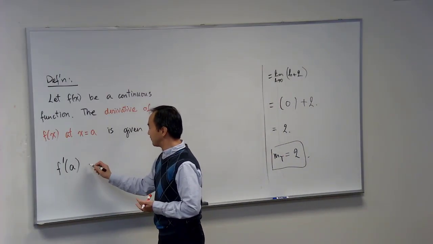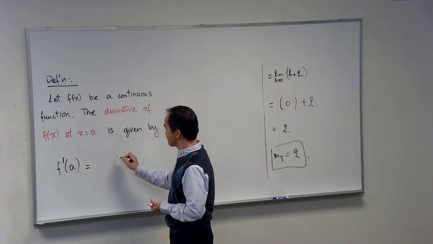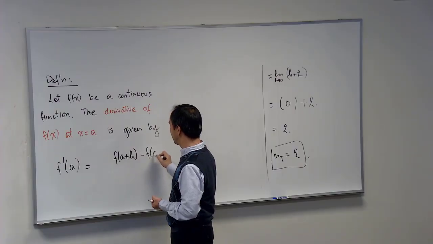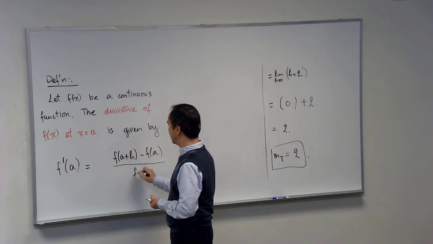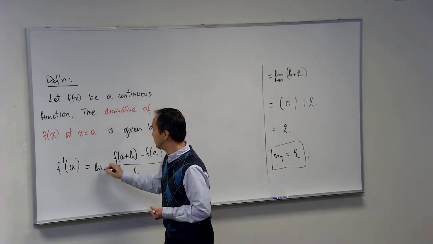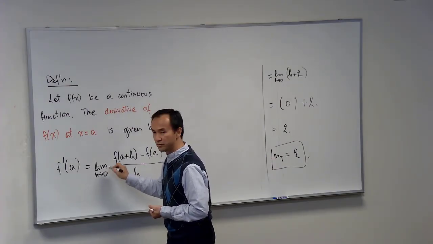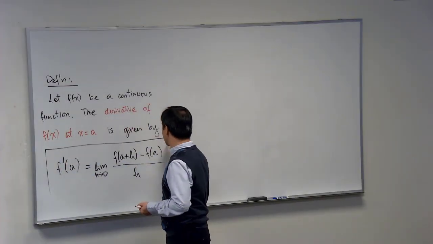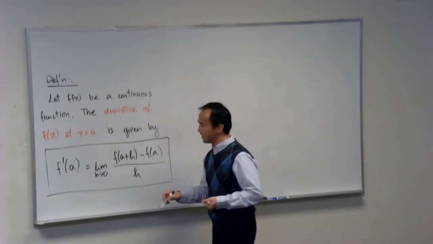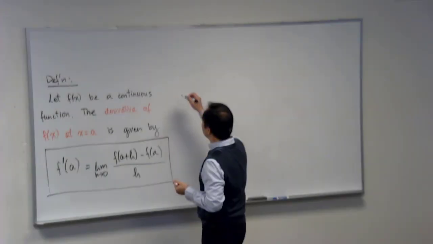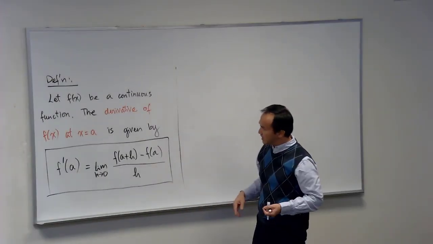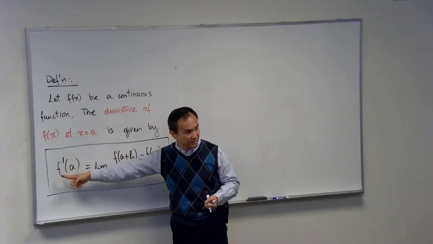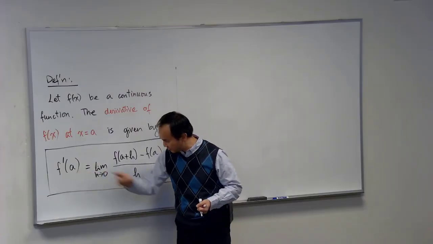So the derivative of the function is given by f of a plus h minus f of a, divided by h, and take the limit as h goes to 0. That's how we calculate the derivative of a function at a given point. So I also give a new definition. This is how we define what the derivative of a function is at that specific given point.